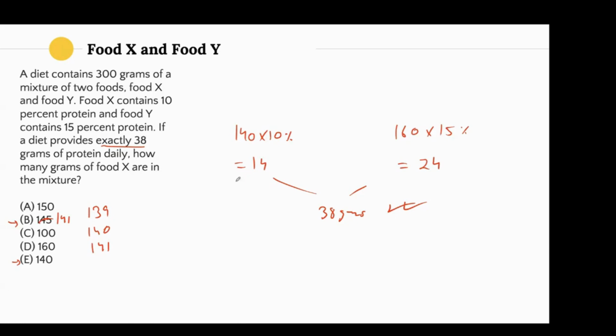Second, like you also said, I would start with the easiest value. 140 is a nice round figure, easy to calculate 10%. 160 also easy to calculate 15%. So how I dealt with 140 is not influenced by what the other options are, whether the other option is 145 or 141 or 139.